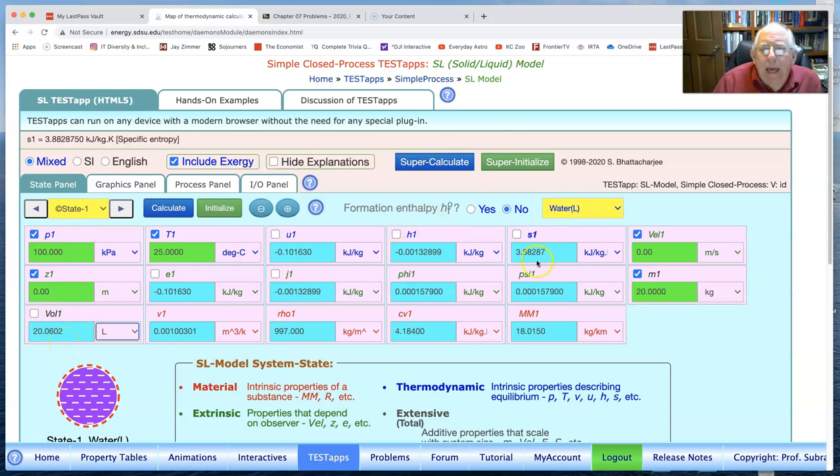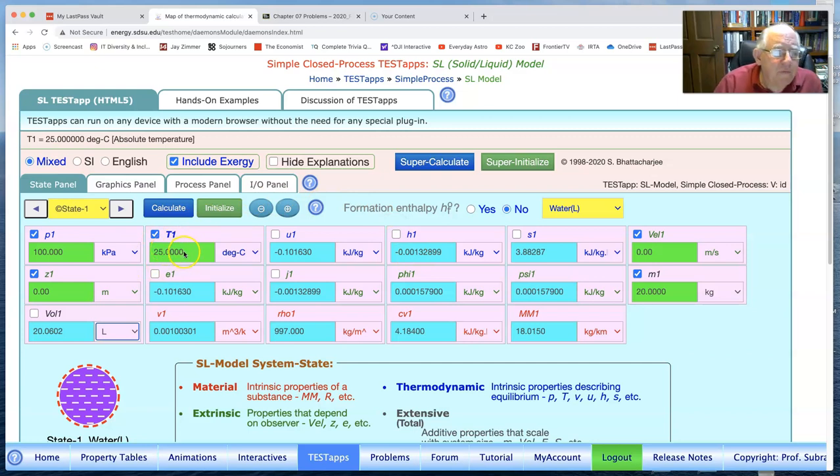And we see that the enthalpy, the internal energy, and everything is calculated. We also observe the magnitude of phi, or the exergy, at that particular state. In this particular case, that state is very close to the dead state.